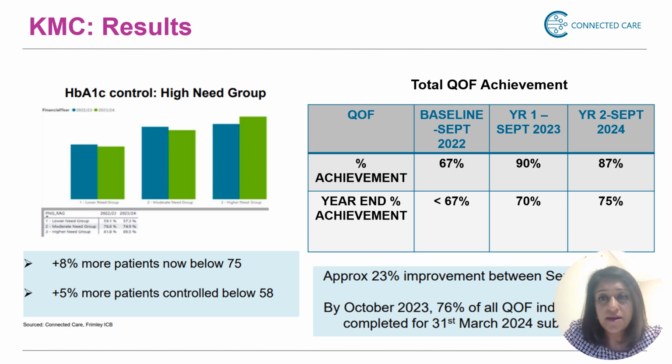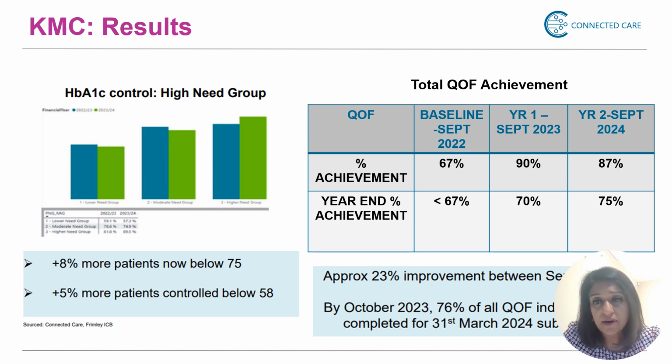And as you can see from our results with regards to our long-term conditions, we only achieved 67% in 2022 prior to bringing in the system. In September 2023, we had seen 90% of our population prior to winter and 87% in 2024. But what was really important was the control going into winter.